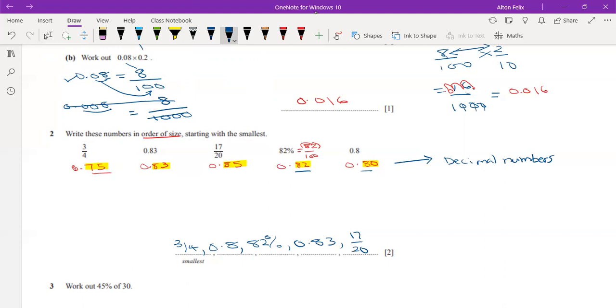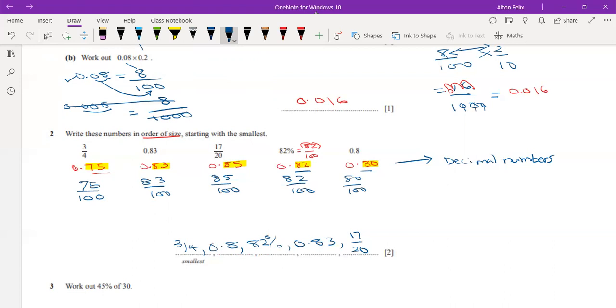So if we are rewriting this using fractions with the same denominator, it will be 75 over 100, then 83 over 100, 85 over 100, 82 over 100, and 80 over 100.